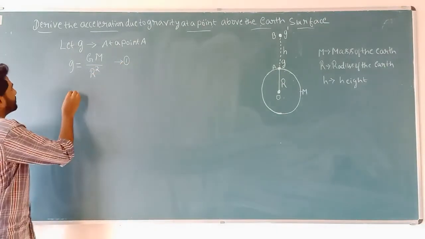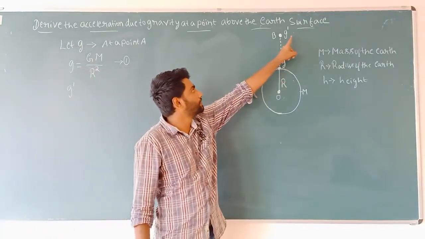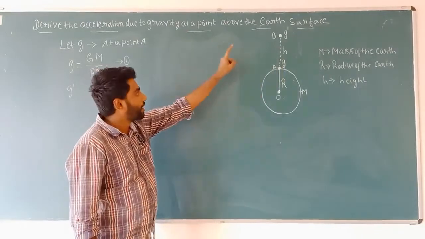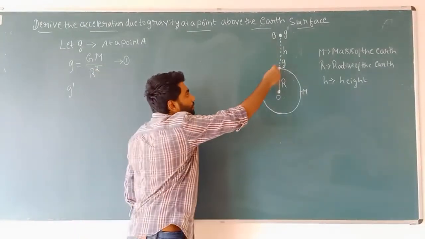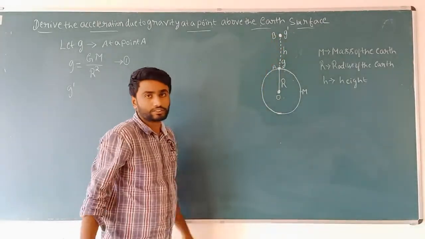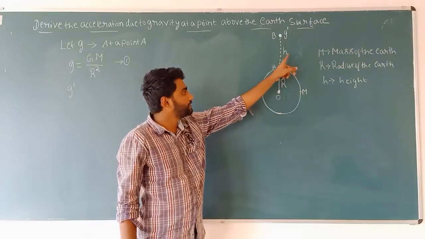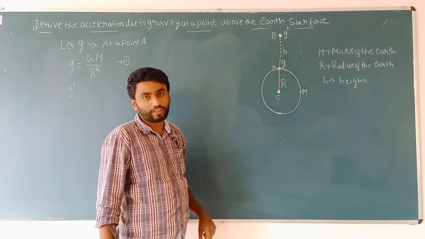Let g dash be the acceleration due to gravity at point B above the earth surface. h is the height from the earth surface.